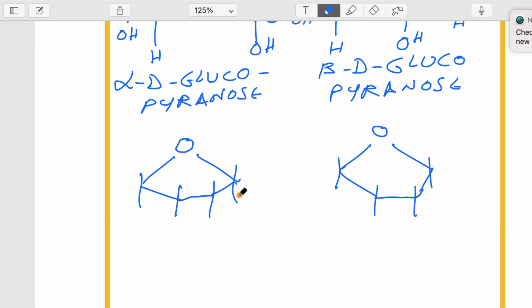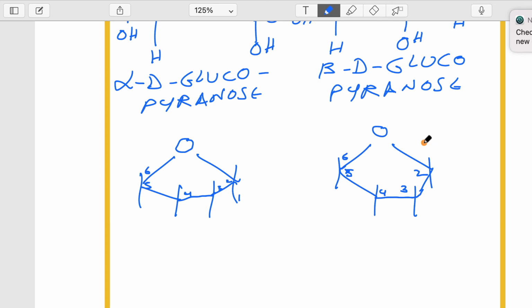Here this is the first carbon, this is the second carbon, this is the third carbon, this is the fourth carbon, this is the fifth carbon, and this is the sixth carbon. Like that in the pyranose structure also, first, second, third, fourth, fifth, and sixth. That is slightly different from the pyranose structure.